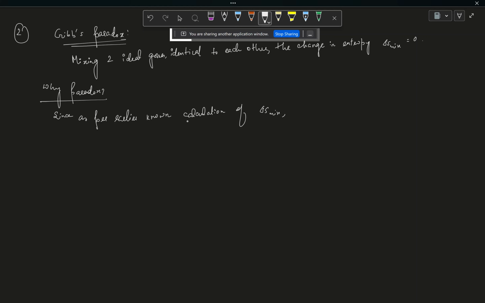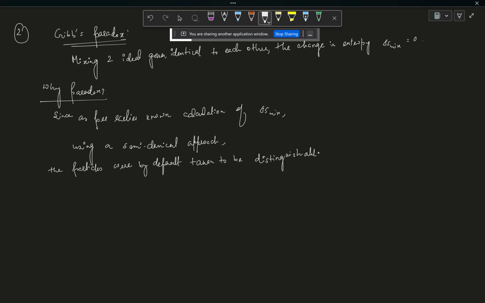So as per the earlier calculation of delta S mix, using a semi-classical approach, the particles were by default taken to be distinguishable like classical particles.